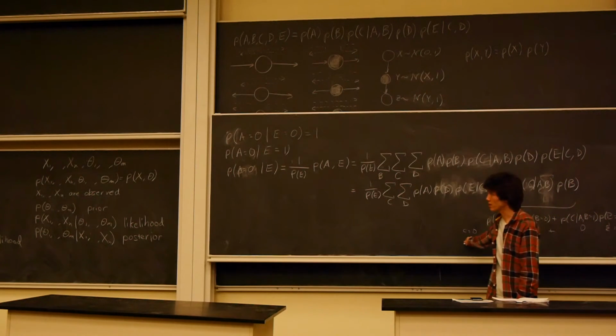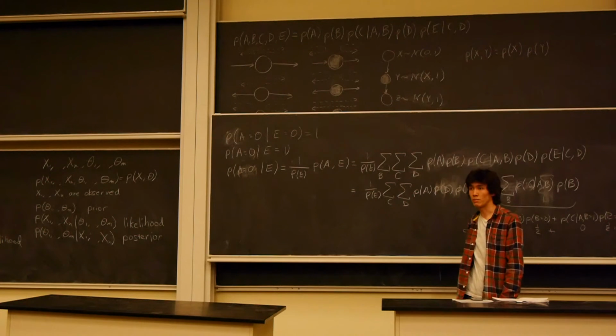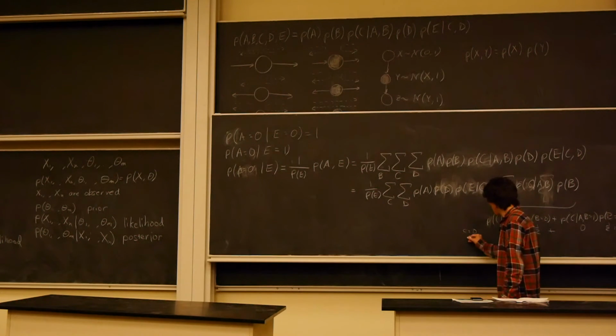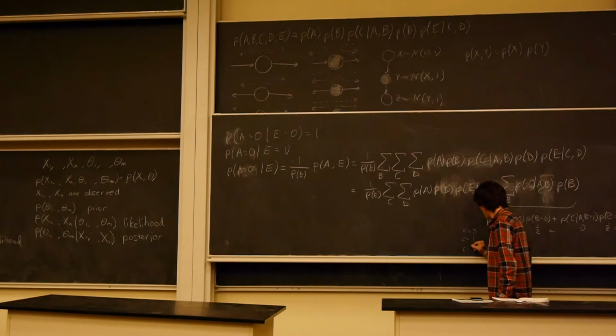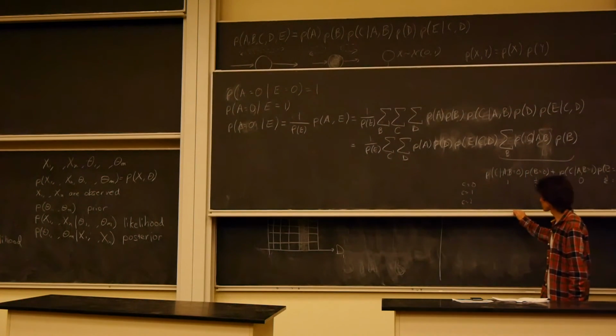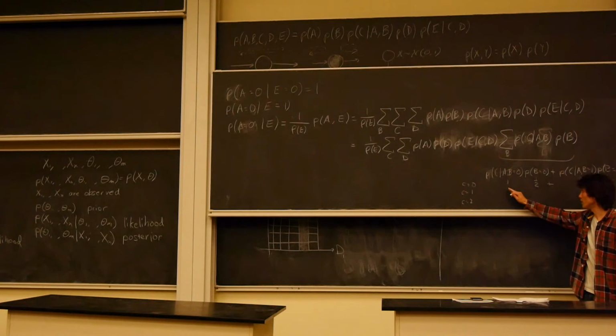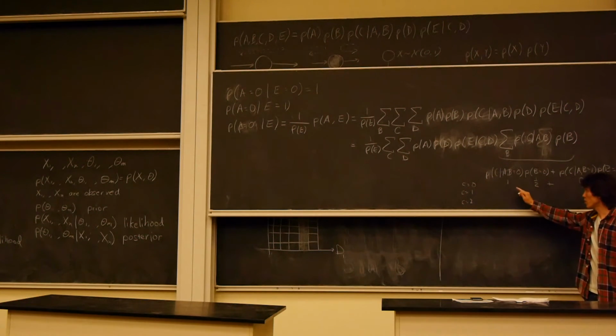And what are the other values that C can take? C can take either 0, 1, or 2, right? Because it can be a sum of both ones. So let me move this up. So when C is equal to 1, what's the probability that C is equal to 1, given that A is equal to 0 and B is equal to 0?